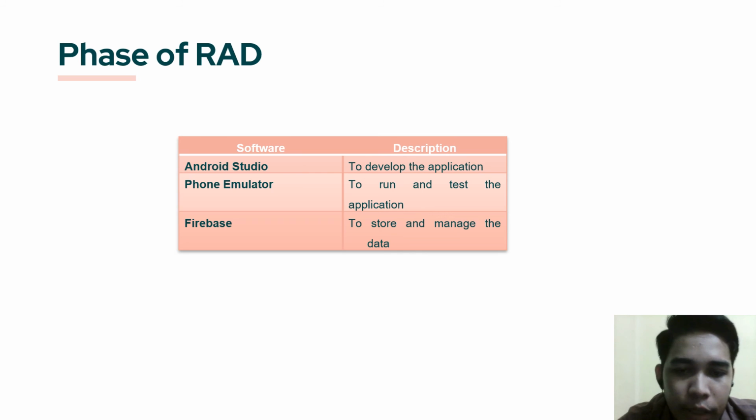And then the last one is Firebase. As we know, its function is to store and manage the database. So Firebase is crucial software for me to build this application, to store the information of rental houses and keep the records between landlord and student.